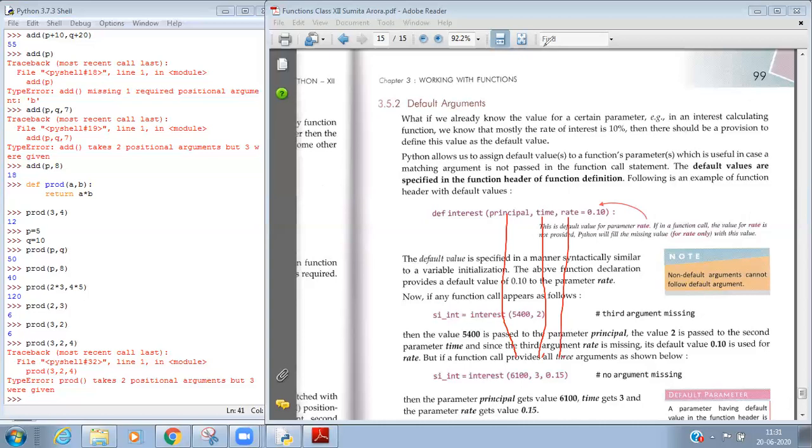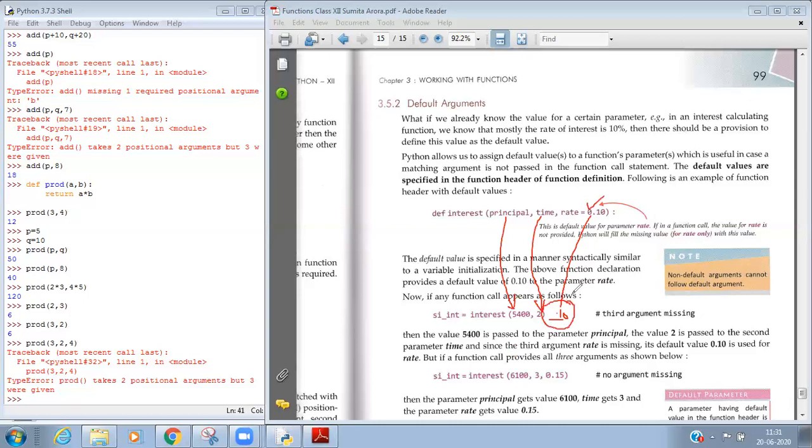And in the previous example, principal is 5,400, time is 2, and rate is not given, unlike here, where rate is given. So there the rate will be taken as 0.10 because this is set as the default. So this will be taken if no rate is provided while calling the function.